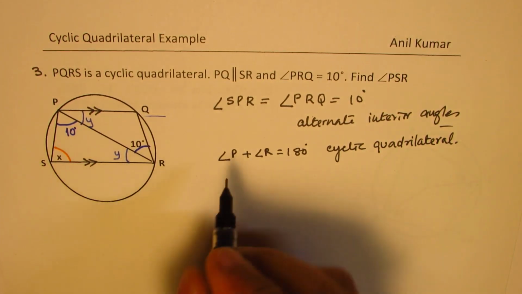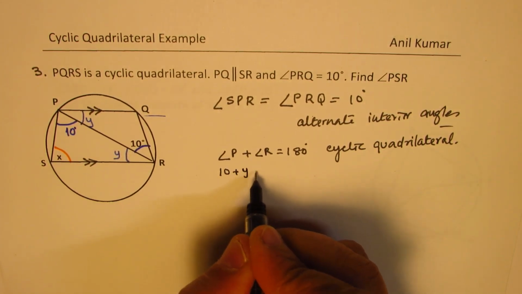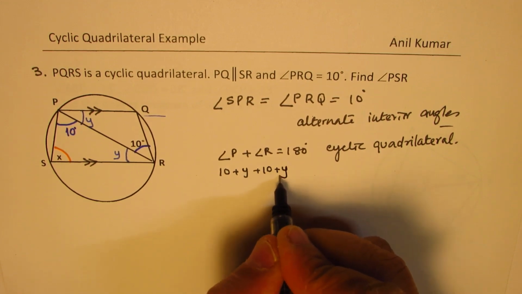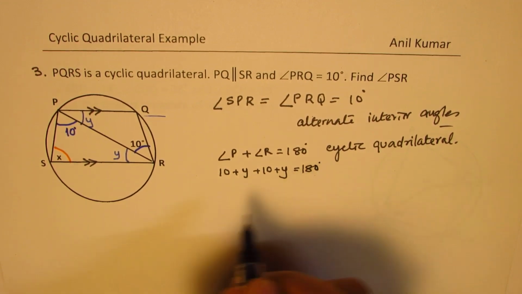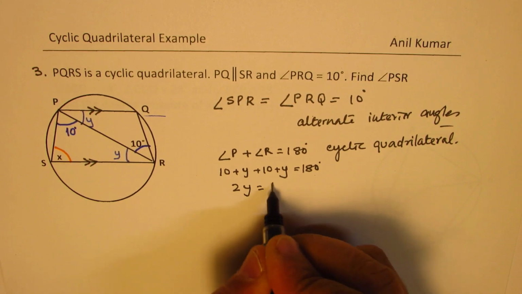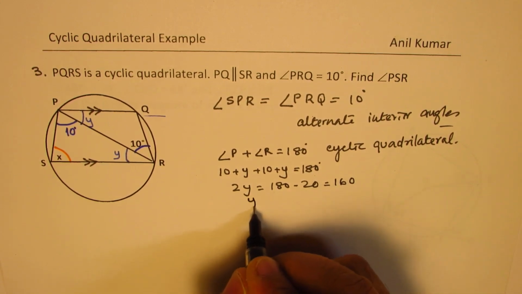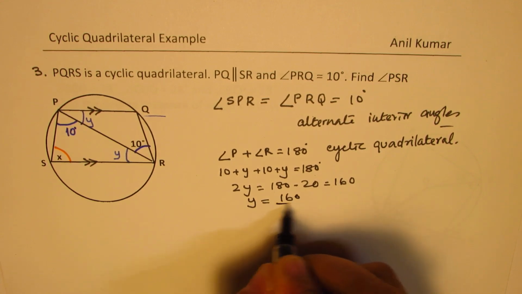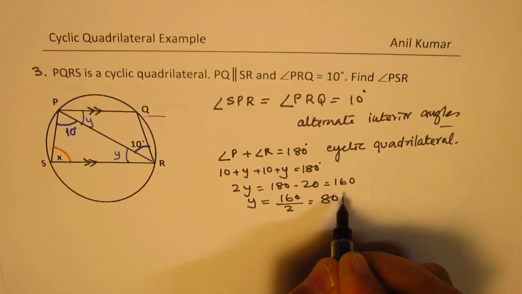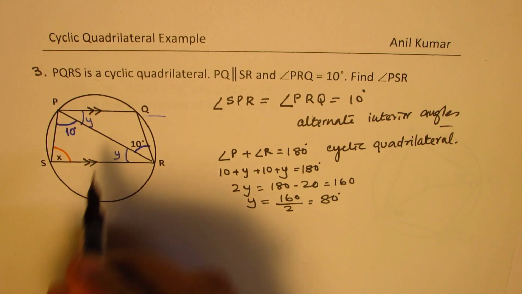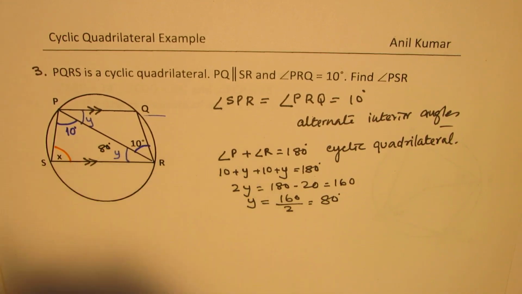So what we have here is 10 plus y plus 10 plus y equals 180 degrees. So 2y equals 180 minus 20, which is 160 degrees. So y is equal to 160 by 2, which is 80 degrees. Correct? So we get this angle as 80 degrees.